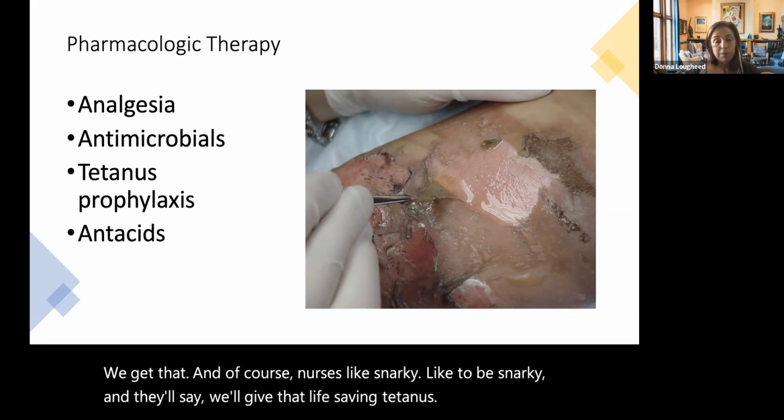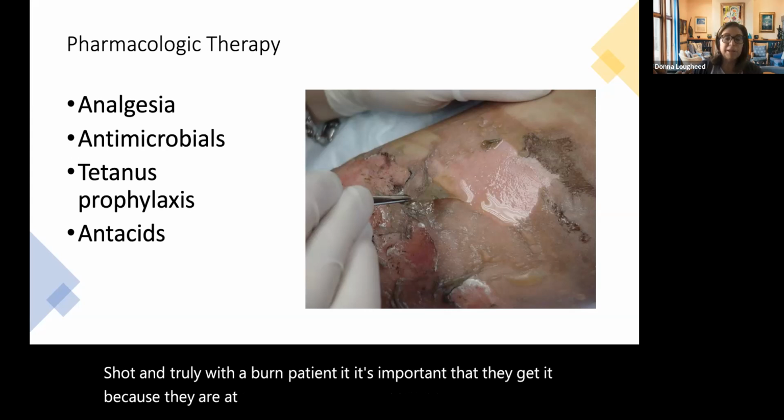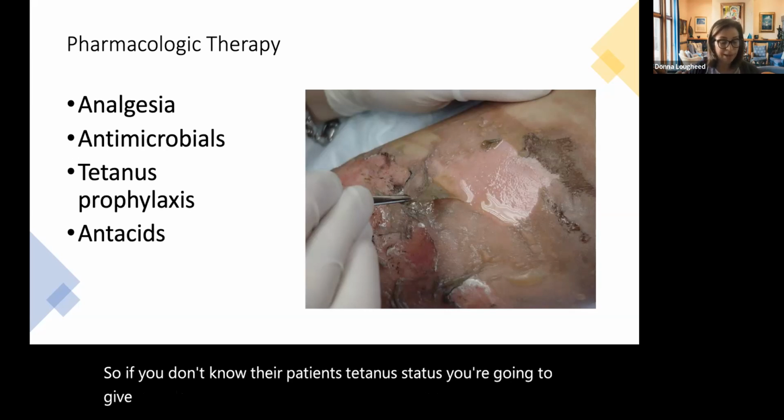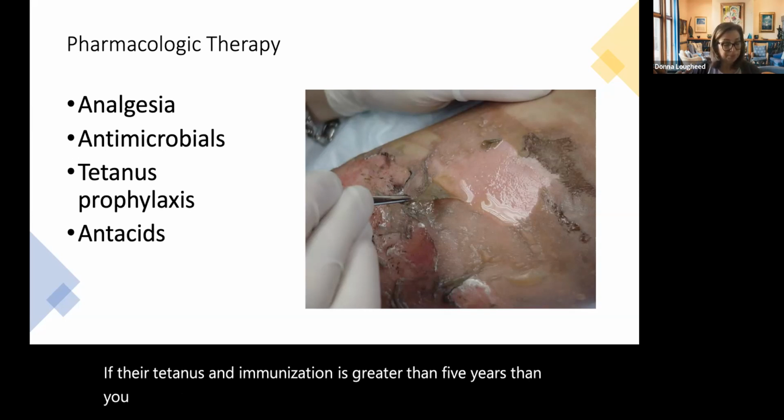And truly with a burn patient, it's important that they get it because they are at high risk for this Clostridium tetani infection. So if you don't know the patient's tetanus status, you're going to give the medication by an IM injection. If their tetanus immunization is greater than 5 years, then you can give the booster.